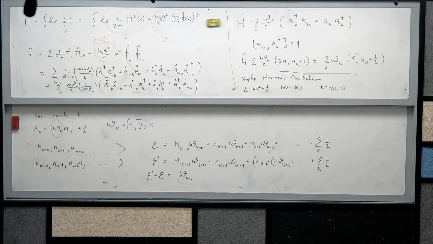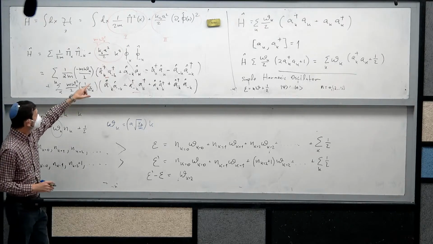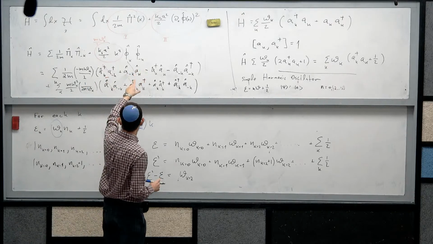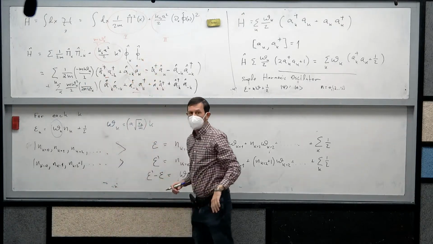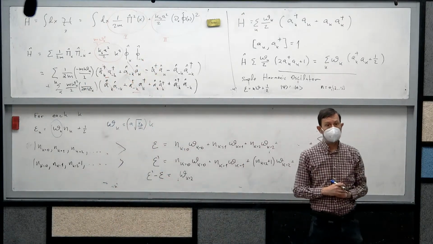Okay, and to make this clearer, let's see how I take this Hamiltonian, where is it, here, and add a mass term.